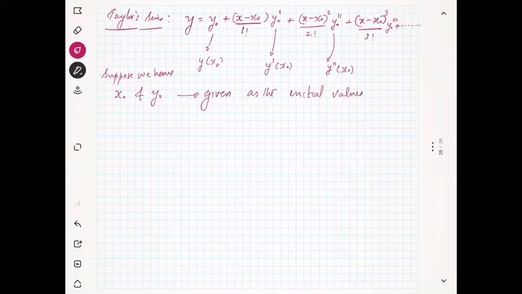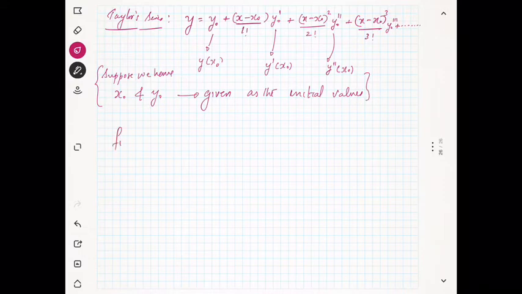We have already discussed what an initial value problem is. So these are all given as initial values. Now we want to find first x1 and then obtain y1, right?